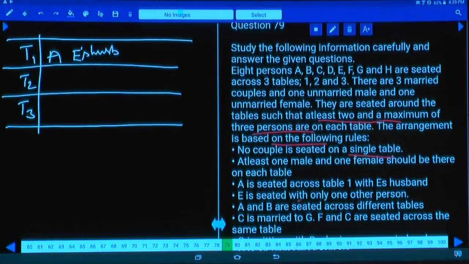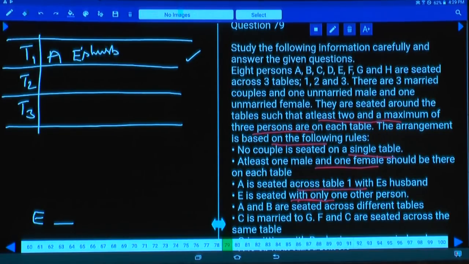A is seated at table 1 with his husband, along with at least 1 male and 1 female. E is seated with only 1 other person, on one of the tables where there are only 2 persons. E is 1, and who is the other person here? Now tell me whether E can be on the first table?